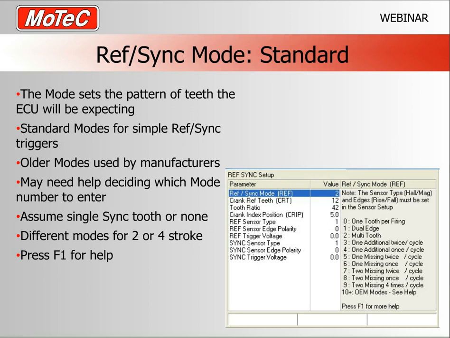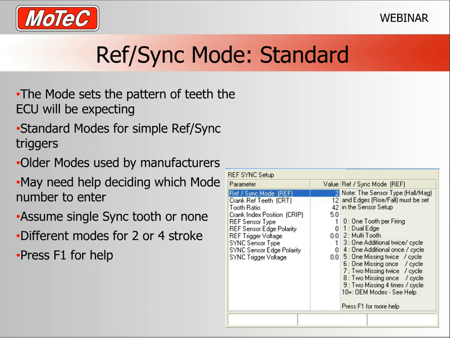So they're quite generic, and so we can write software that is relatively generic as well. Now with the ref sync mode number highlighted in blue there, you can see down the right hand side we have 0 to 9 as the different standard modes.